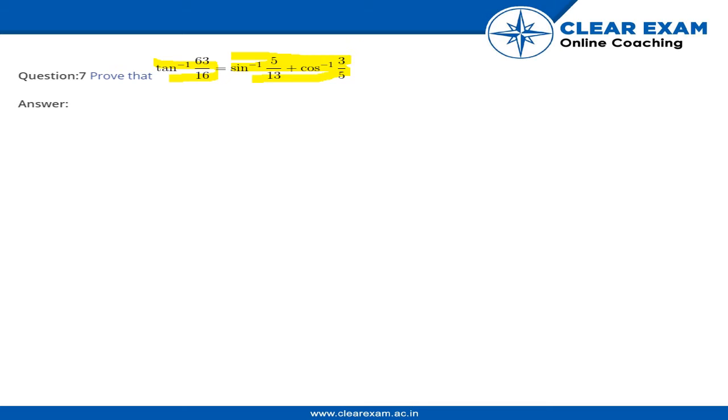If we take tan inverse 63 by 16 as the operating term, it's pretty difficult to break it into two different terms. But if we take our RHS, we can easily merge these two terms and solve the question further. So let's dive directly into the question.